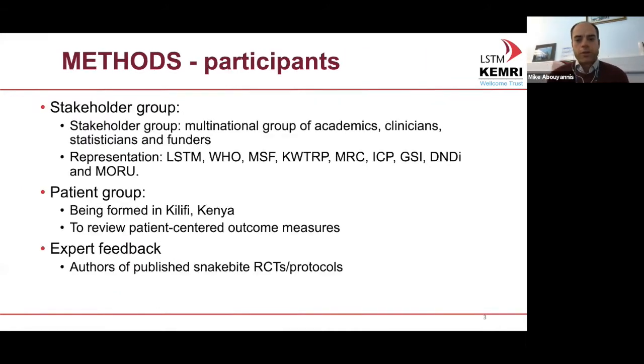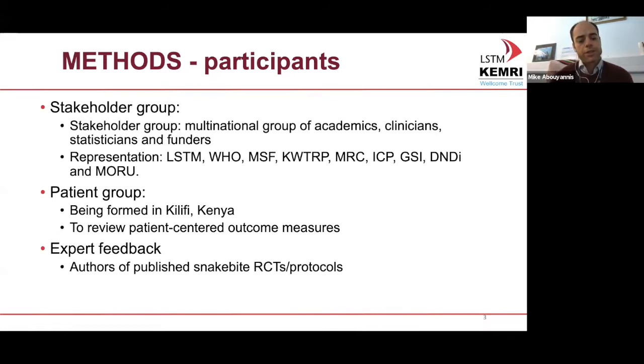So in terms of who was involved in developing this core outcome set, there was the stakeholder group, which was a multinational group of academics, clinicians, statisticians, and funders, with representation from both low and high income settings, and representation from these organizations, including LSTM, the World Health Organization, MSF, and Khemri Wellcome, and various others.